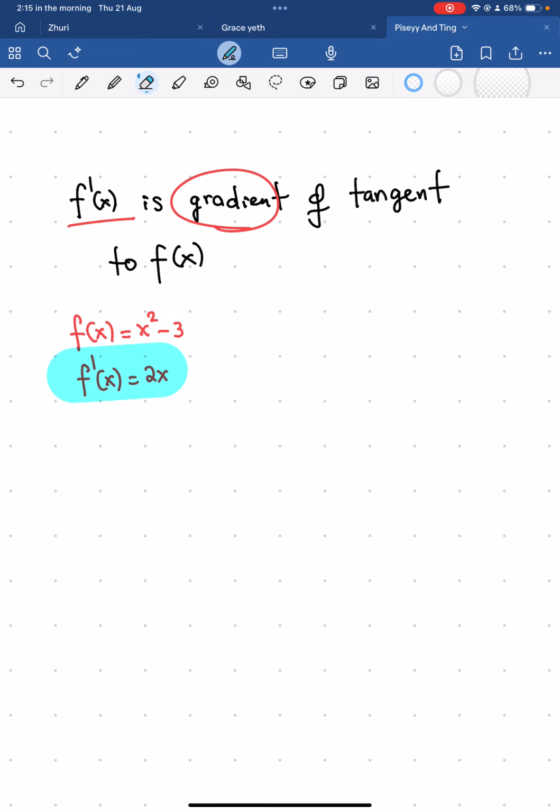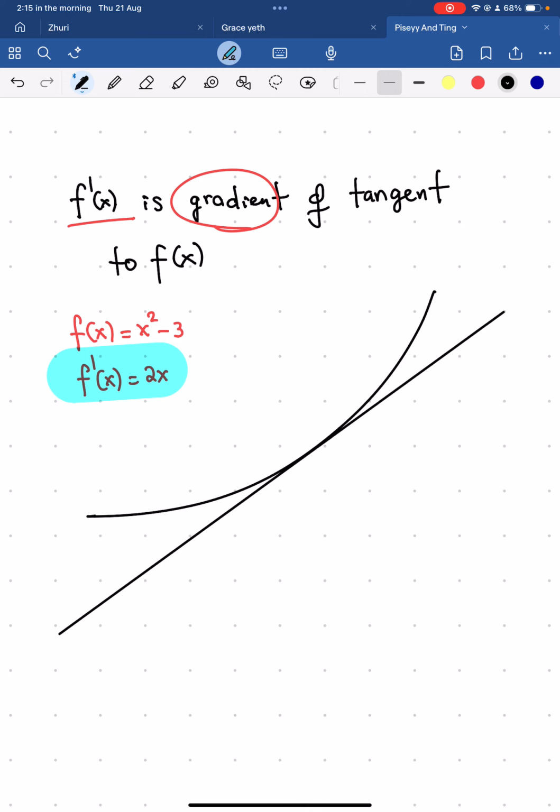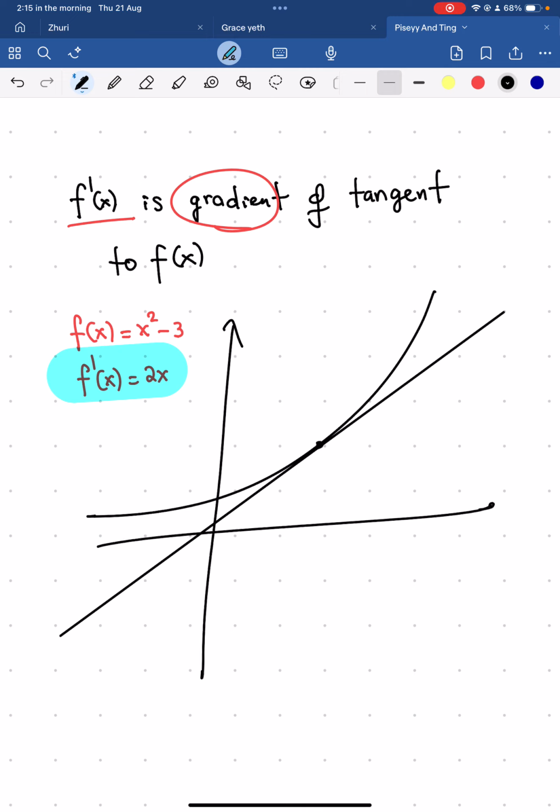But if they want to find the gradient of the tangent at x equals something, for example at x equals a, we find f prime of x, which is the gradient.